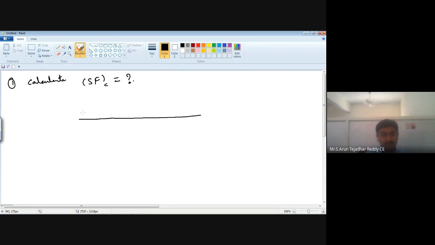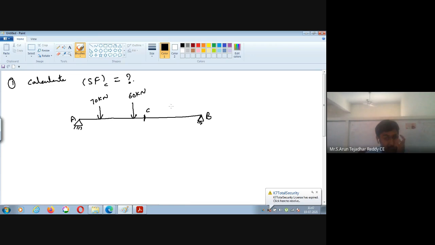Next, what about the given diagram? This is A and here we have B, and somewhere here we have C. In the given diagram, a 70 kilonewton load is acting, here a 60 kilonewton load is acting, and here a 50 kilonewton load is acting.